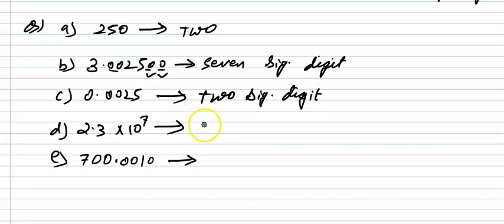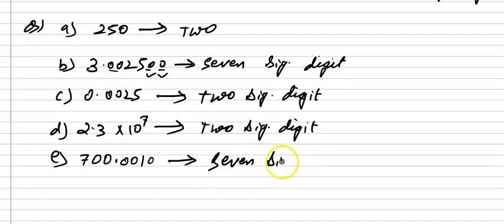Yes, it has two significant digits. And how many significant digits over here? 3, 3, 6 and 7. Okay, this has 7 significant digits, right?